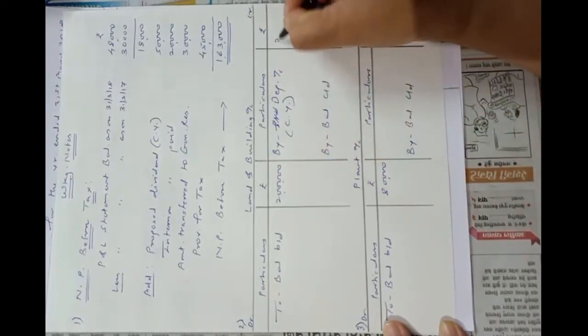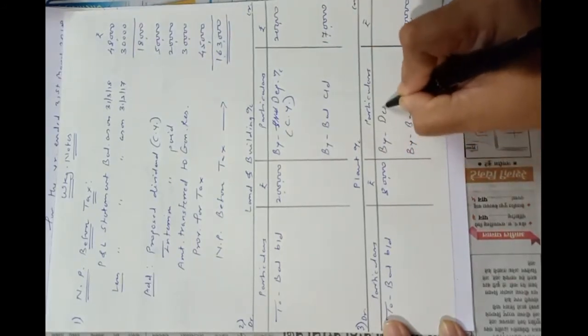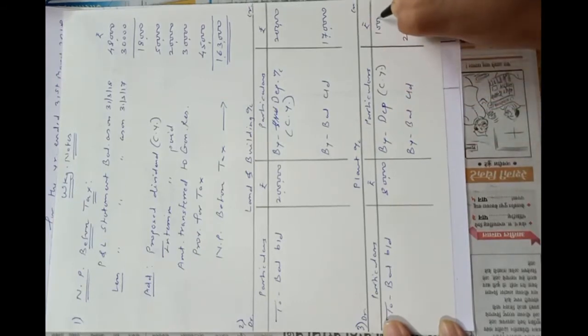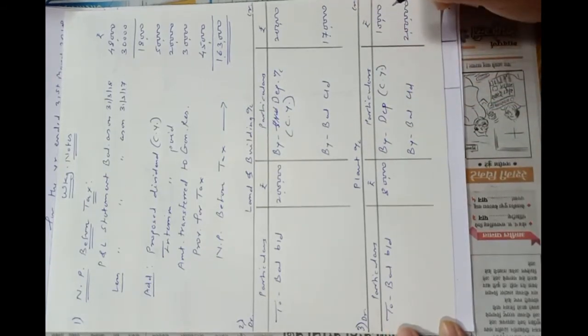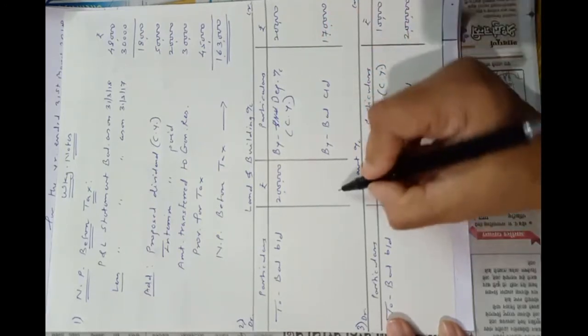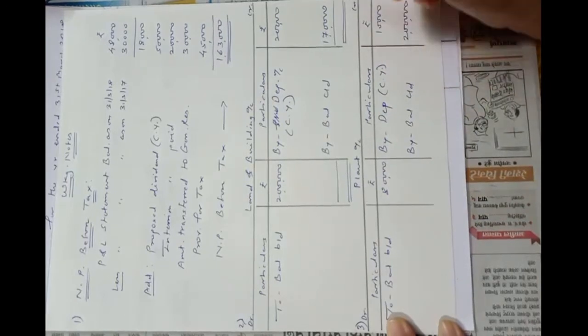Okay. So it is 20,000, by depreciation current year, it is 10,000. Now we will tally both the accounts to get the differential amount.